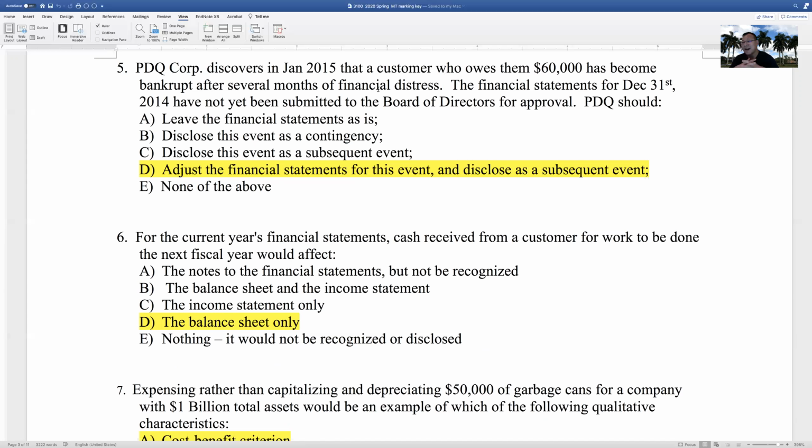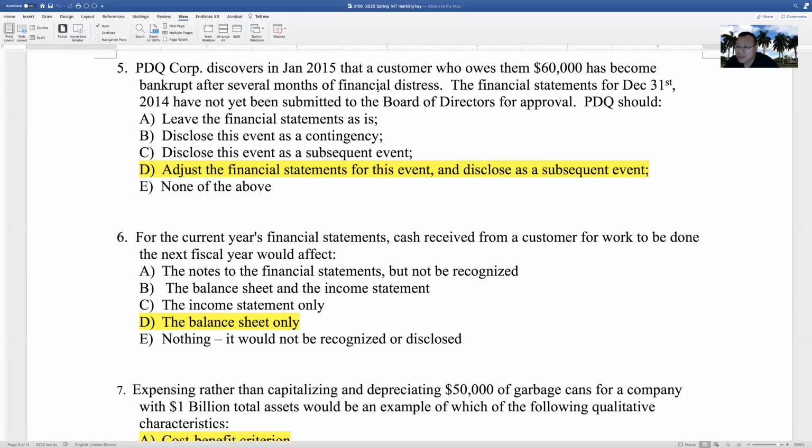So maybe they recognized the bad debt expense already, as the anticipated uncollectible amount, as part of the allowance for doubtful accounts.